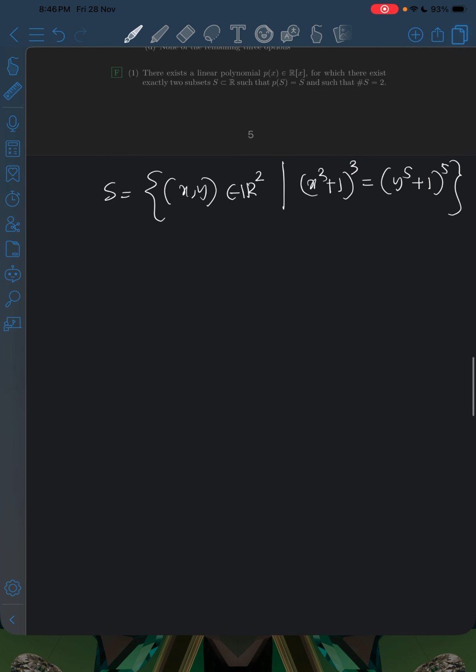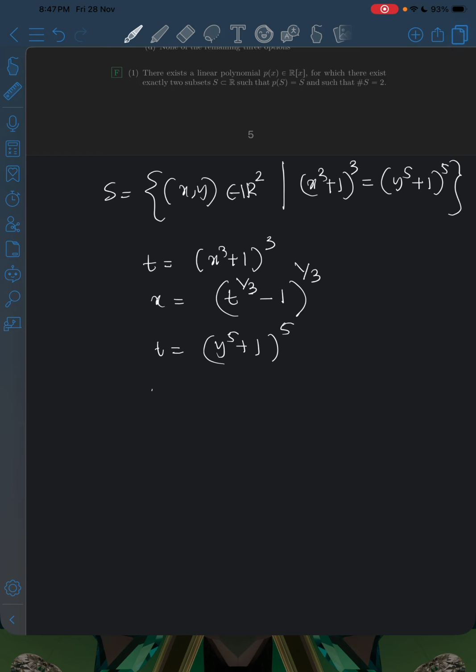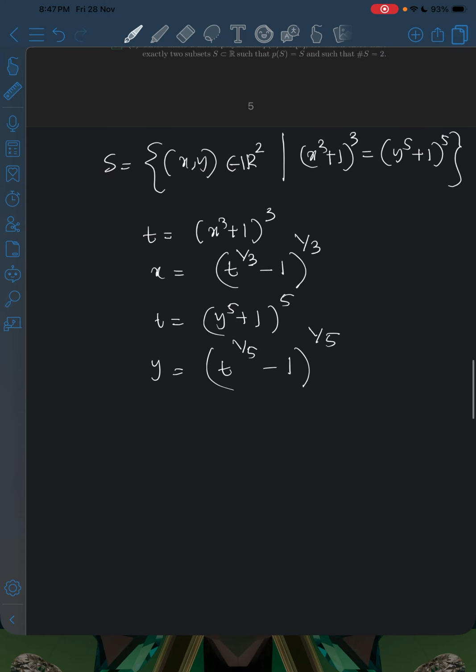Okay, so now let's take t equal to this, then what is x? x equal to t to the power 1 by 3 minus 1 to the power 1 by 3. And what is y? So if t equal to y to the power 5 plus 1 to the power 5, y equal to t to the power 1 by 5 minus 1 whole to the power 1 by 5, right?